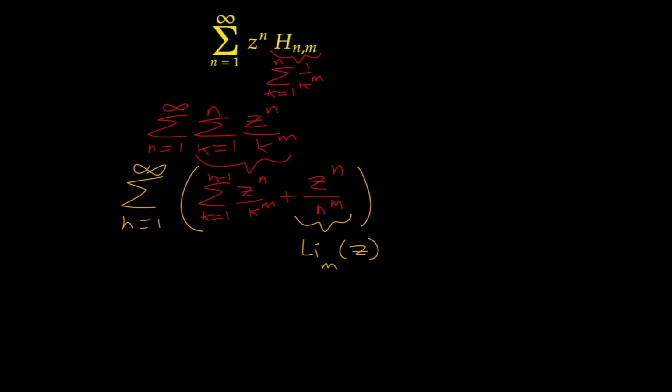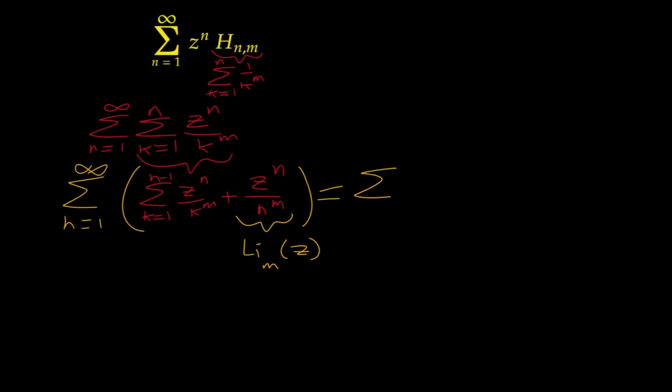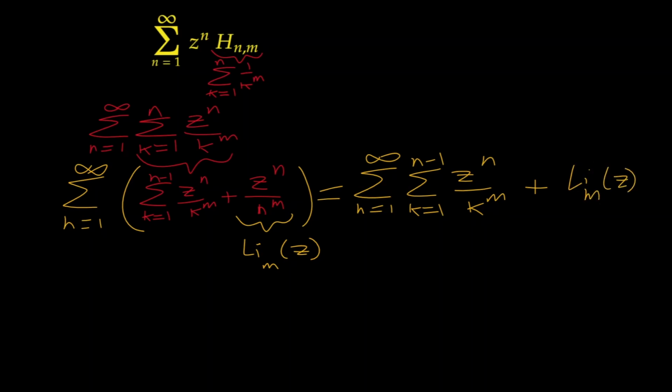And now, separating our terms a bit more, we see that this is equal to the sum from n equals 1 to infinity of the sum from k equals 1 to n minus 1 of z to the n over k to the m, and then plus Li sub m of z, or the mth polylogarithm of z.